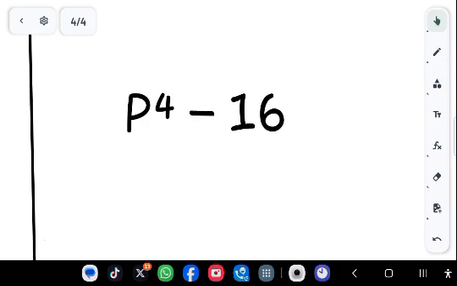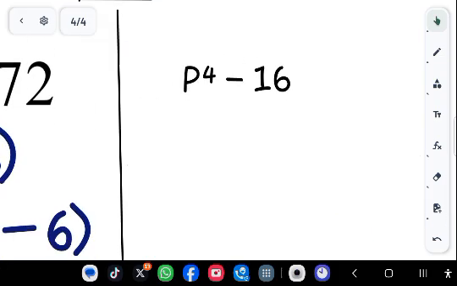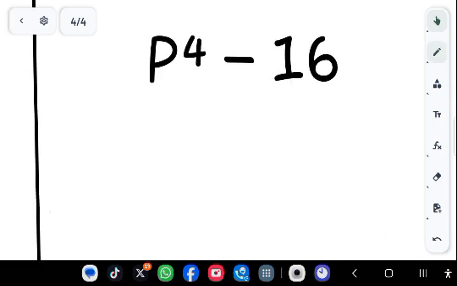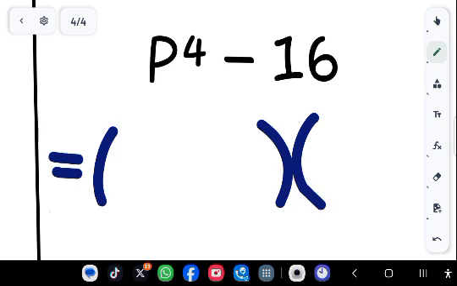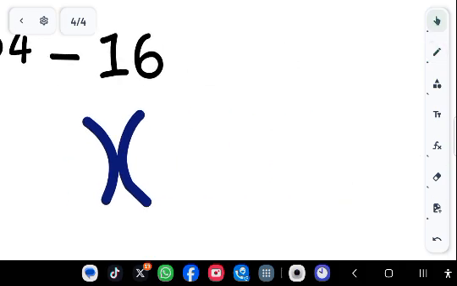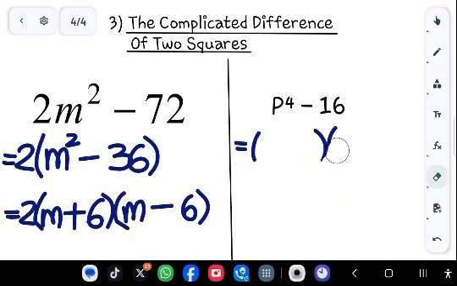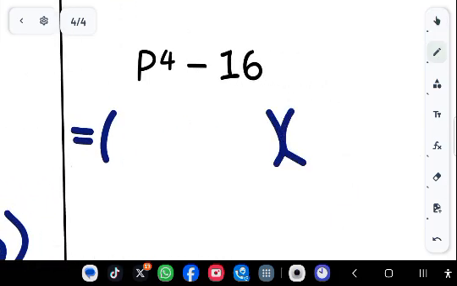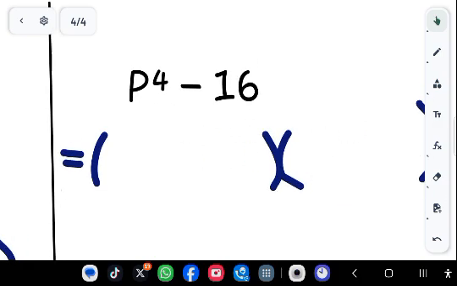Now what happens when you have a situation like this? You've got p to the power of 4 minus 16. This also is a difference of two squares, but I want you to notice something. After factorizing this difference of two squares, you will see something, and I want to show you what that something is. So step number 1, we must write two pairs of brackets, and in the first terms we write the square root of the first term, and in the second terms of the brackets we write the square root of the second term.